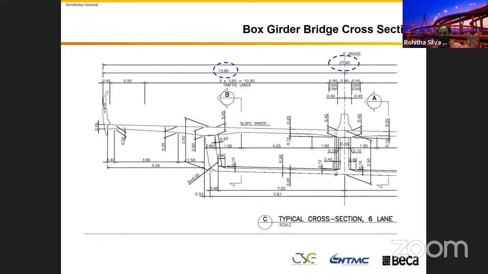This is one of the largest bridges, 27.6. A 6-lane bridge is the largest. Now people go up to 8-lane, even 10-lane with different multi-cell box girder bridges. The depth of the bridge is 2.5. I'm not going to give you the numbers of how to get this, how to get L over 20, L over 30, L over 22.5.